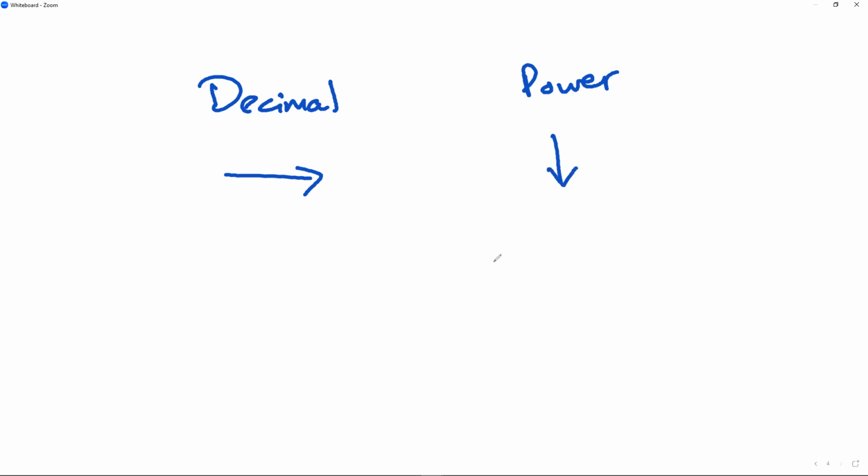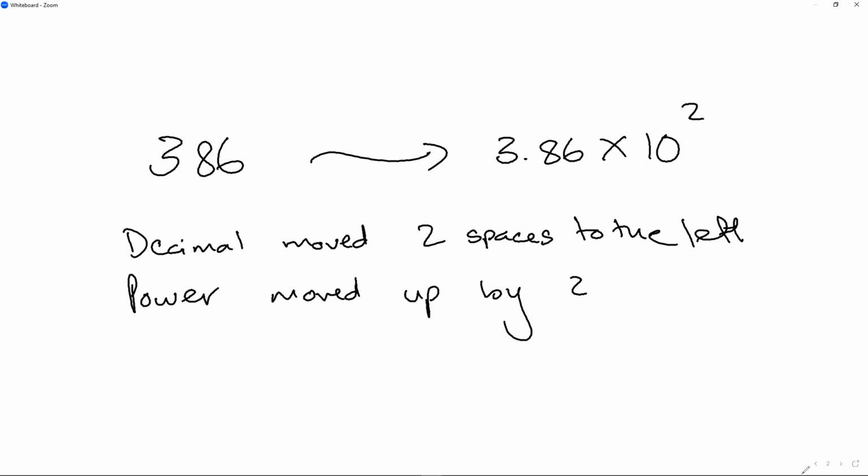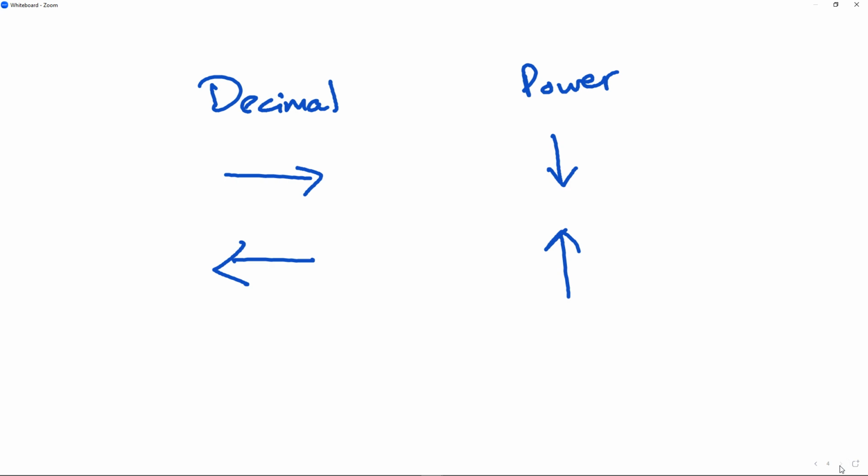So let's have an arrow down like that. If the decimal goes left, then we're saying the power will go up. Let's just recap that quickly. The first example over here, we got 386, right? So the hidden decimal is here. It moved 2 spaces to the left. And so the power moved up by 2 units. 2 there. So left implies up. Right? Left implies up with the power.